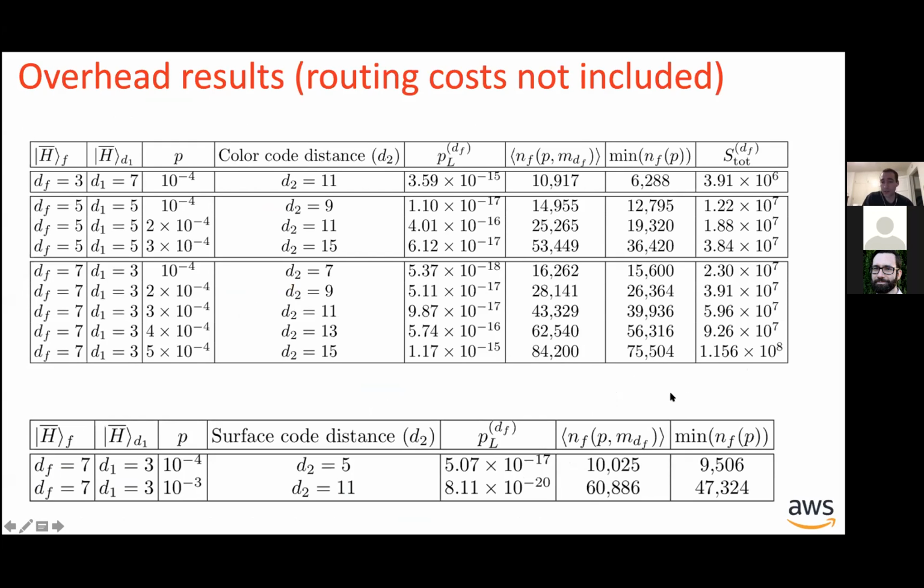Let me just focus on the surface code results. In this table at the bottom, we wanted to get error rates of at least 10 minus 15 and show that it was possible in a regime where the physical error was 10 minus 3.